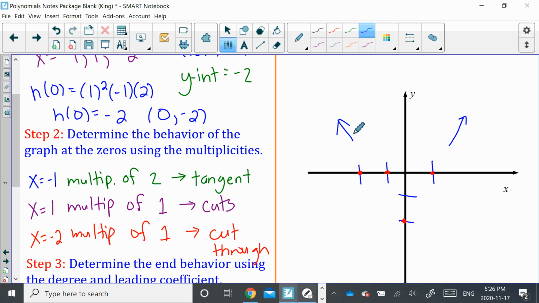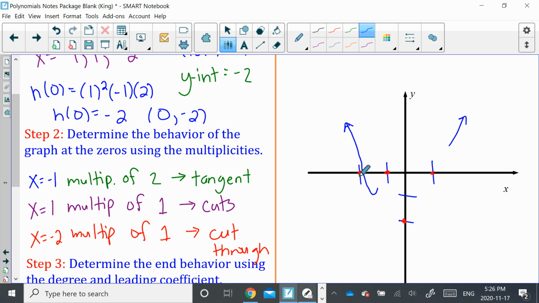Okay, so this graph is going to go through -2 and it's going to cut through it. So I'm going to find -2 and it's going to cut through. We're going to take this graph and I'm going to just straighten it up a bit, and then we're going to verify on our calculator. So my graph is going to come down and it's going to cut through -2.